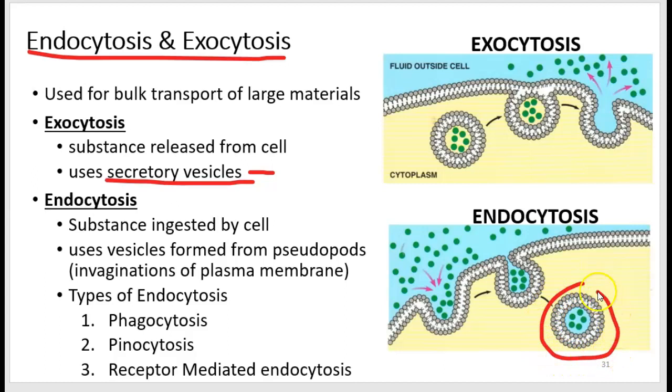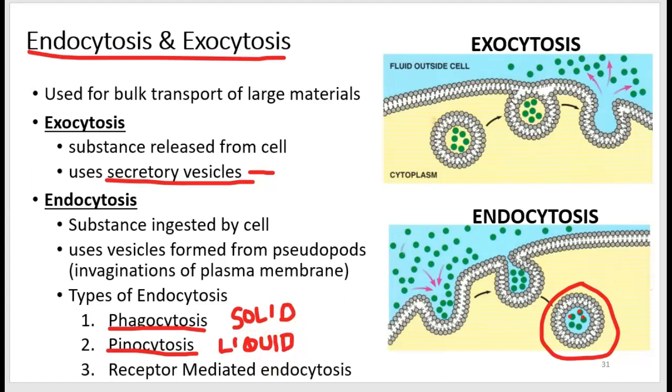So if the substance is solid, we call it phagocytosis. And solid is a loose term because we are talking about chemical compounds here. We aren't talking about cottage cheese or something. But pinocytosis is usually referred to when we're talking about a cell ingesting a liquid.